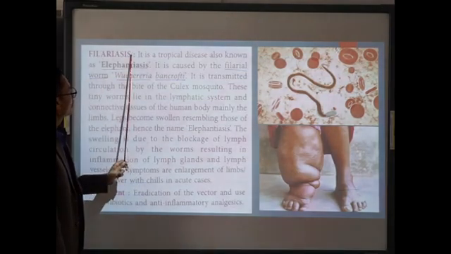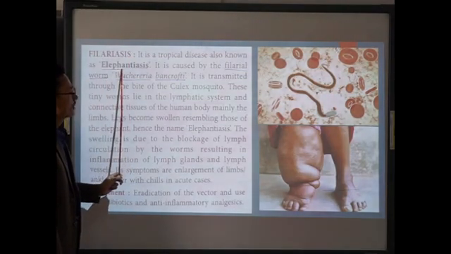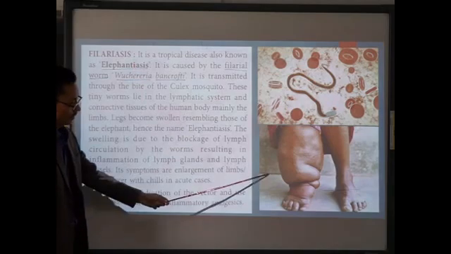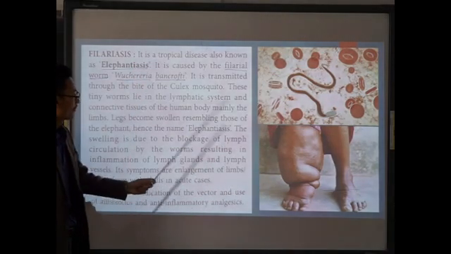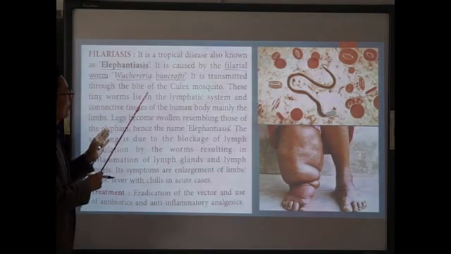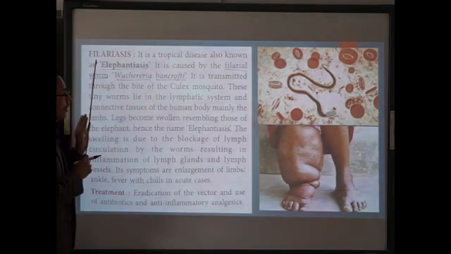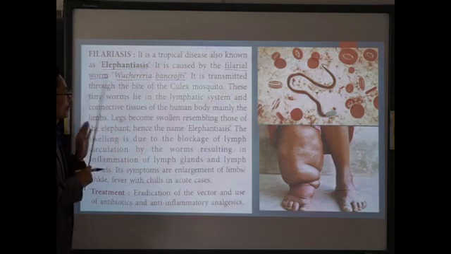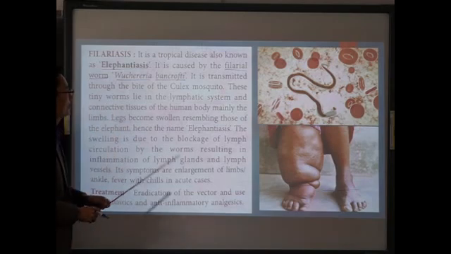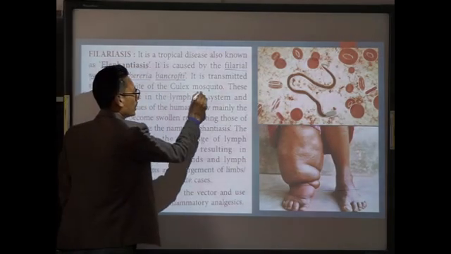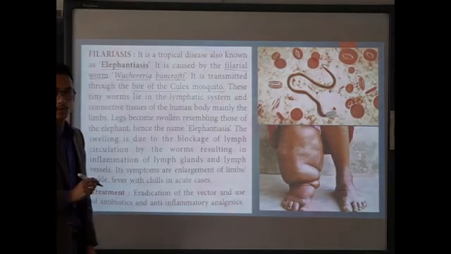The disease is also commonly known as elephantiasis. I hope by looking at the diagram, you can correlate with the name elephantiasis. Now, Wuchereria bancrofti, the filarial worm that causes elephantiasis, is mainly transmitted through the bite of the Culex mosquito.